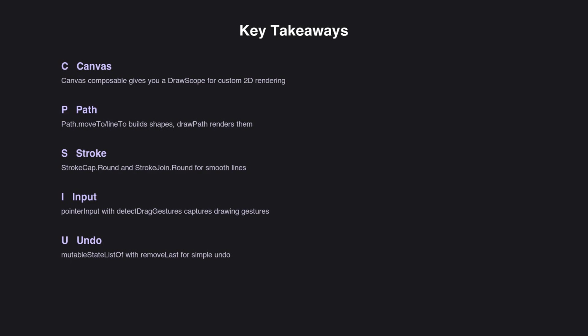DrawPath renders them on the canvas. Stroke. StrokeCap.Round and StrokeJoin.Round create smooth freehand lines. Input. Pointer input with detectDragGestures captures freehand drawing gestures.